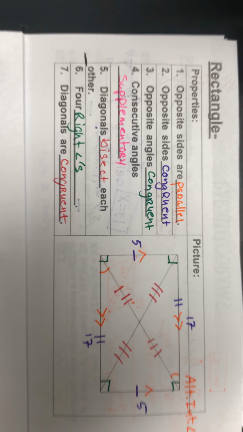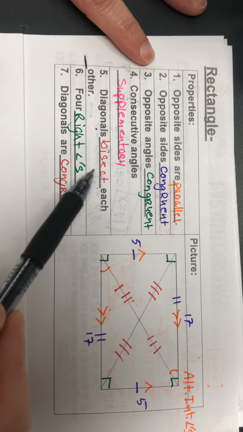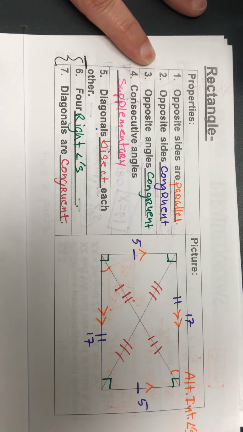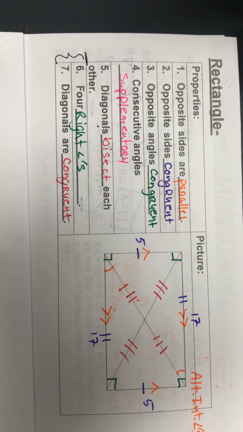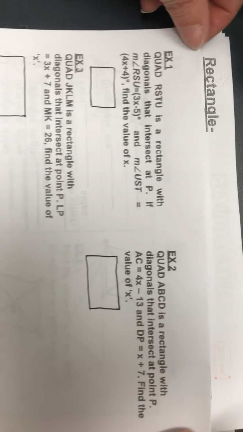So we have our 5 parallelogram properties, which hopefully we're learning. And then really, for the rectangle, we only have 2 additional properties. Hopefully we're good on that. Let's come down to our examples.